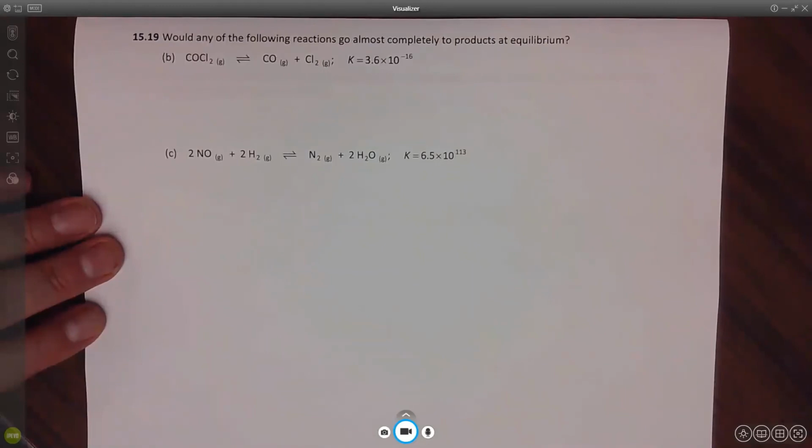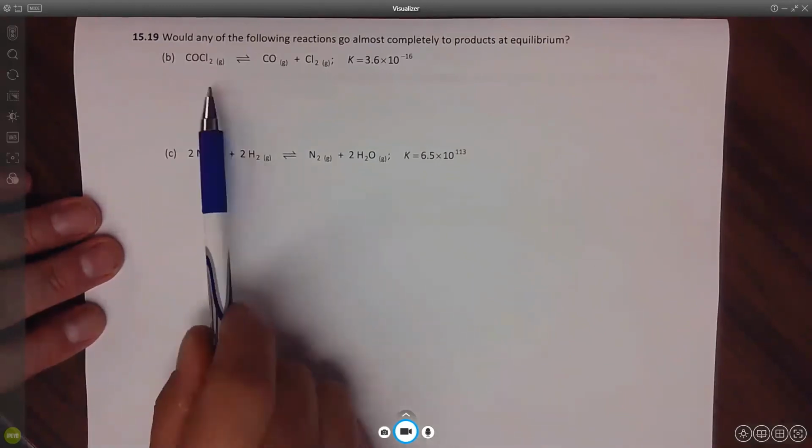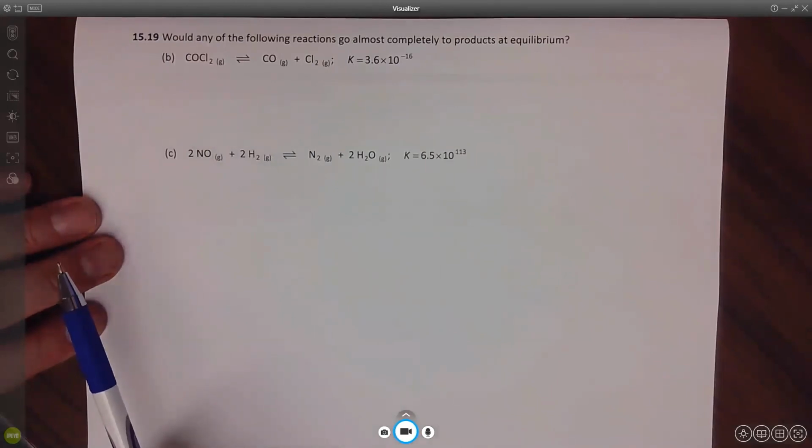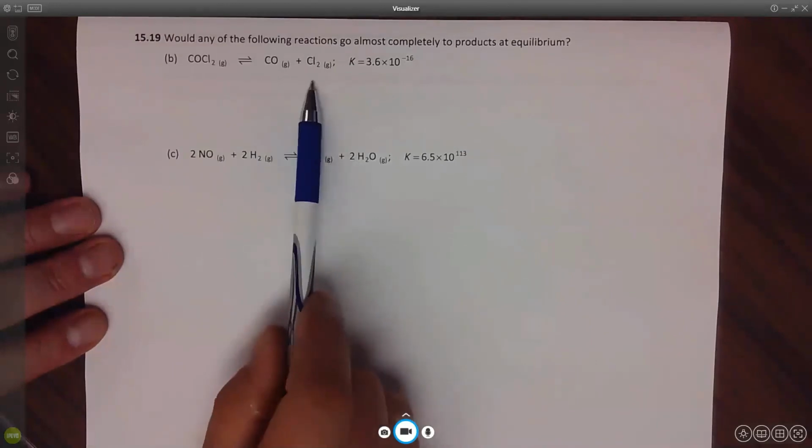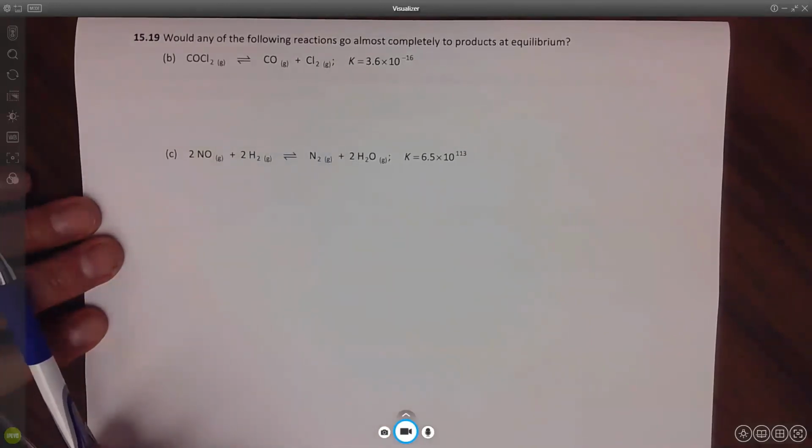So is this going to have a high extent? No, we're talking about the concentrations of reactants and products at equilibrium. Is it the coefficients? No, coefficients mean absolutely nothing. Okay, then I don't know. Caitlin, can you help her?